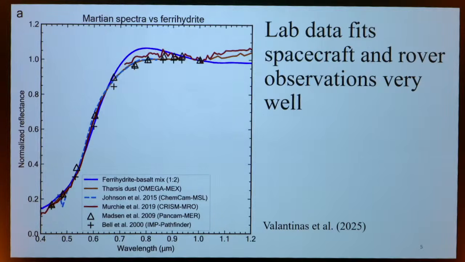Now if we compare this to mixtures of basalt powder with other iron hydroxides, you can see that the electronic transition absorptions are quite distinct for other phases. And ferrihydrite is the only mixture that provides a good fit to the Martian spectra.